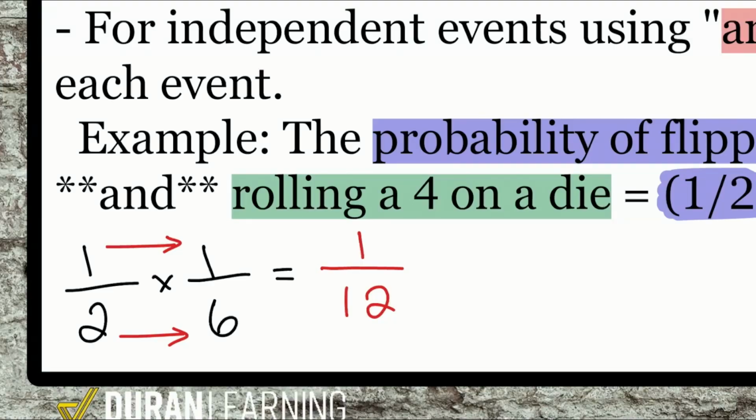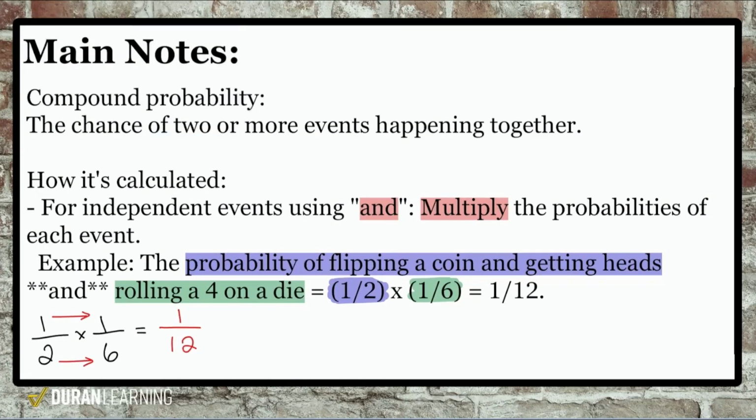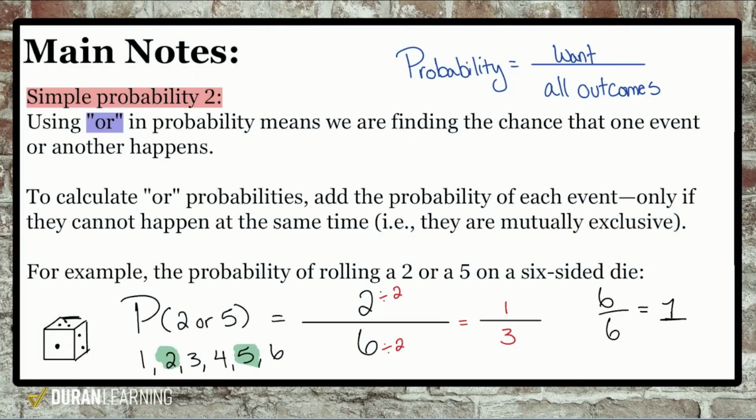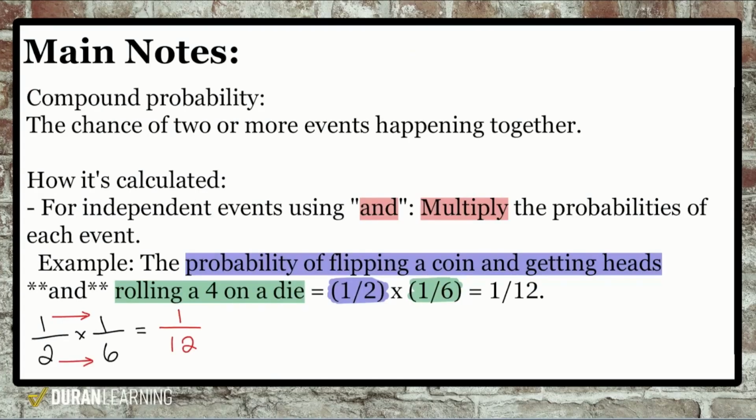So when we use the word and, all you need to take away is that and means multiply. The word or means add. Let me highlight this. The word or means add, and the word and means multiply. Just to keep it simple, you can write it like that.